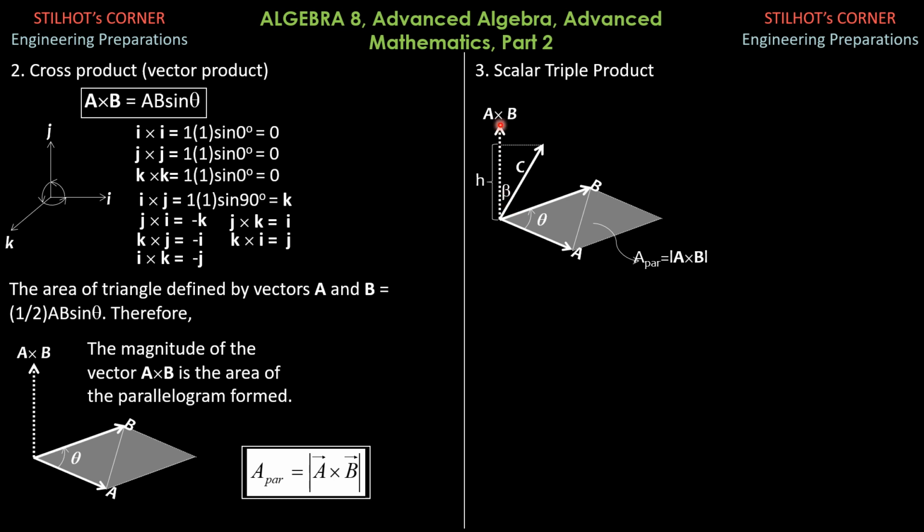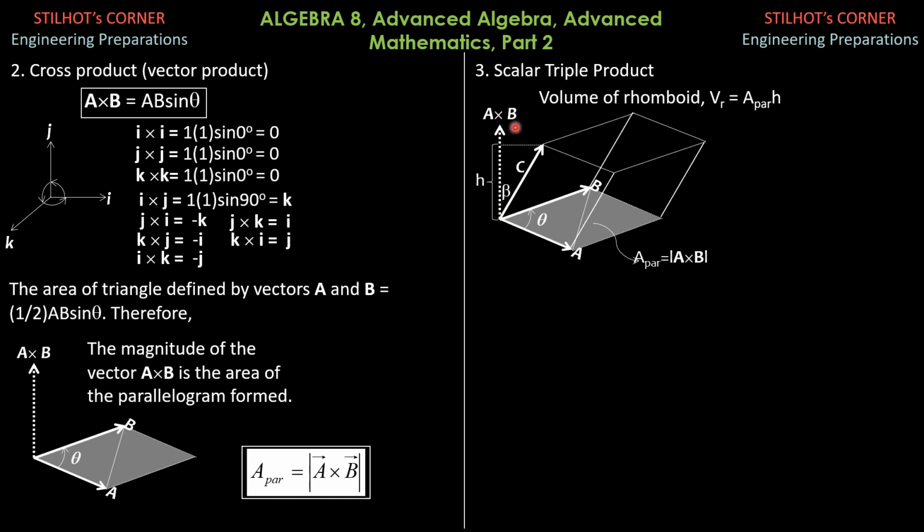And that is obtained if we obtain A cross B, then we dot that with vector C. And by definition of that product, it is magnitude of A cross B times magnitude of C times cosine of the angle between them, which is cosine of beta. And the magnitude of A cross B is the area of the parallelogram. So the volume of the rhomboid is equal to the area of the parallelogram, the area of the base, times height h.